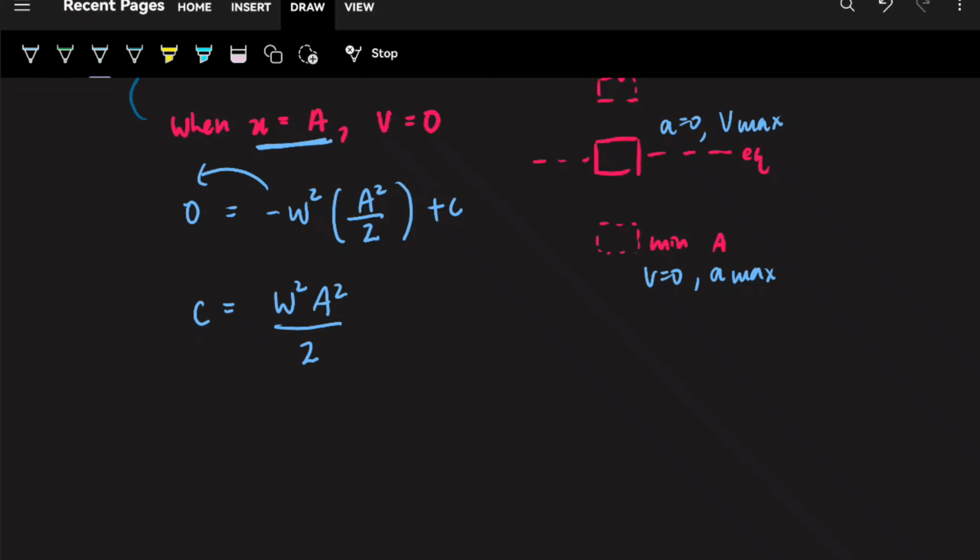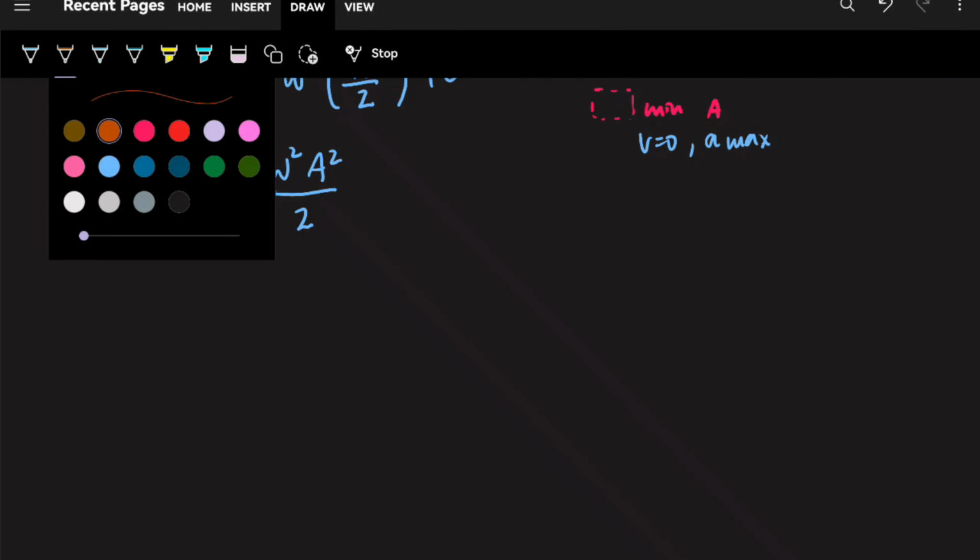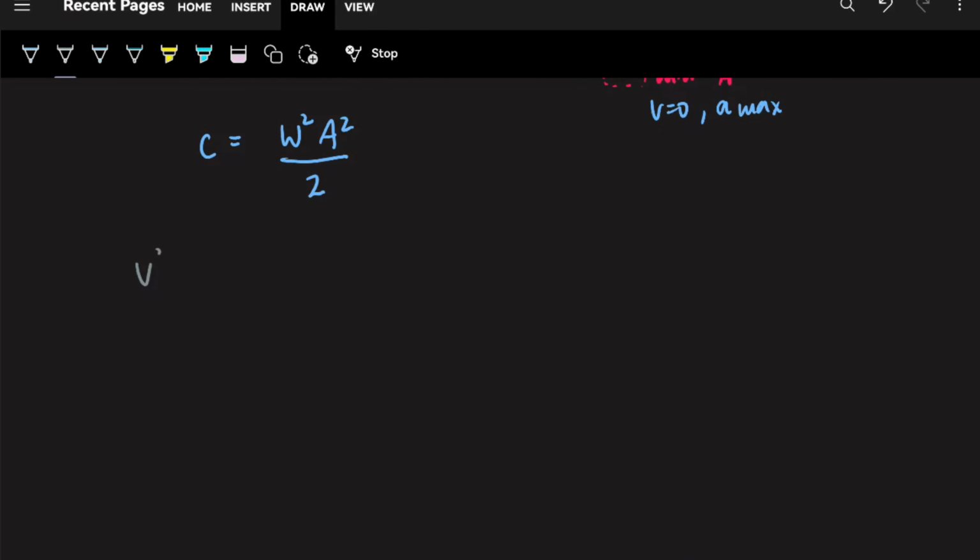So now if we were to rewrite the equation, okay, let's use a different color instead. Rewrite the equation, you will get v square over 2 equals to negative omega square x square over 2 plus omega square a square over 2.